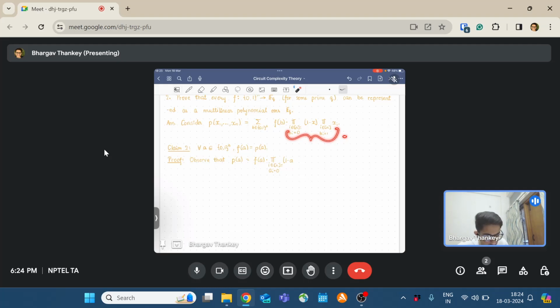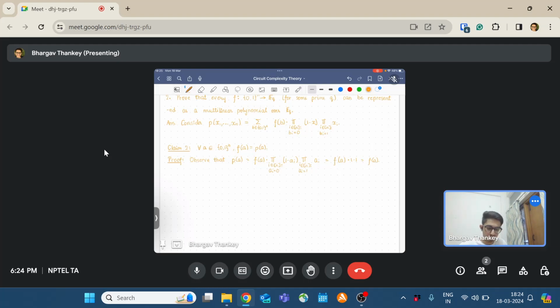So P of a would just be this term where b equals a, so f of b becomes f of a, and the product over i of a_i or 1 minus a_i, which is 1, which is just f of a times 1, equal to f of a.